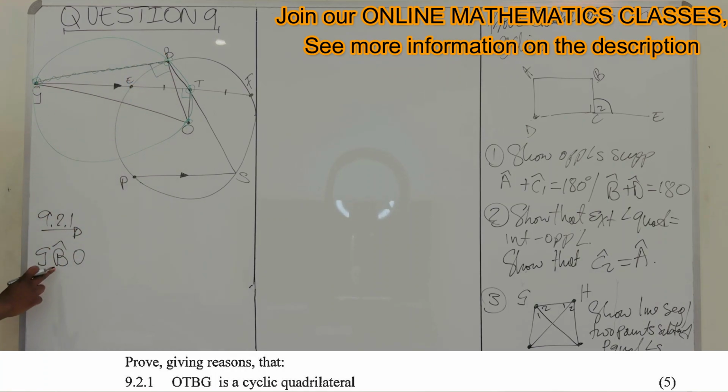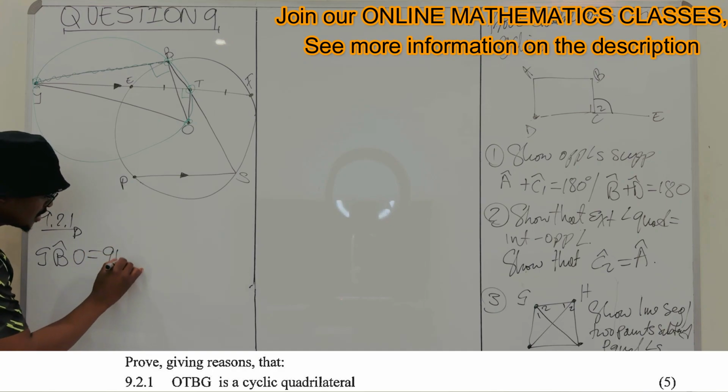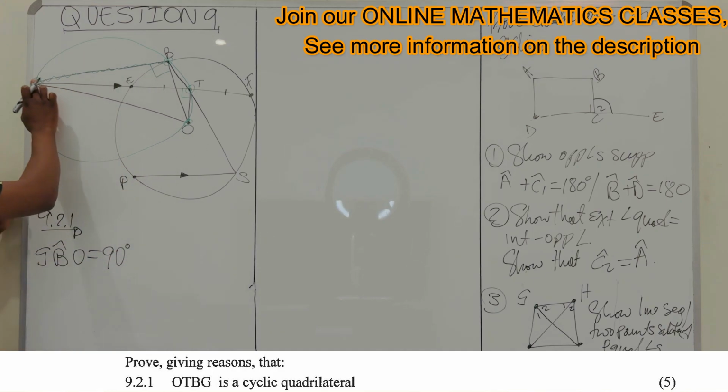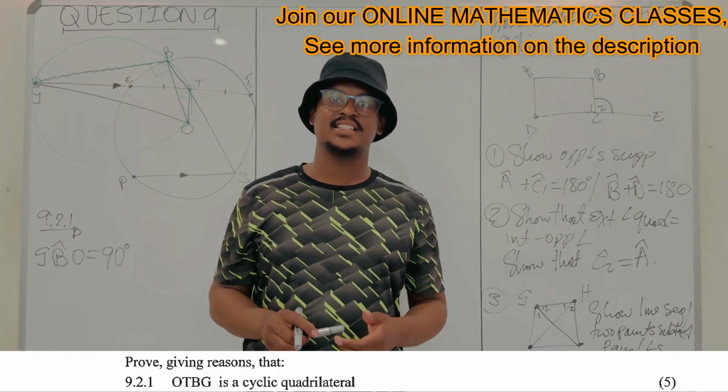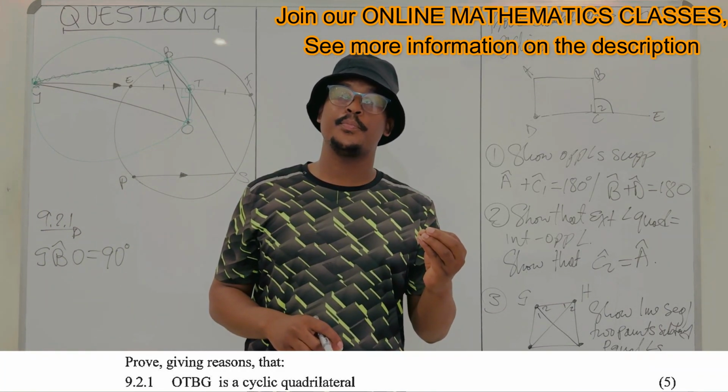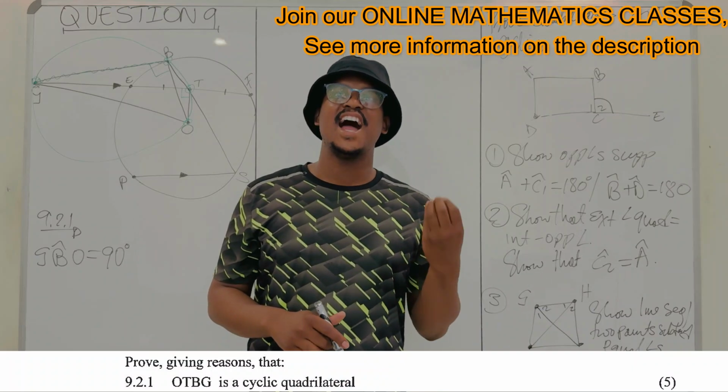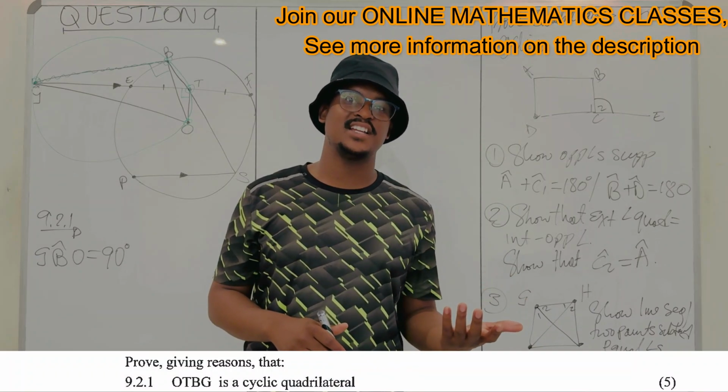I said that angle is 90 degrees because this is a tangent and that is a radius. When I was doing theorem 7 in my Bed Actions, I did mention that a radius is perpendicular to the tangent.